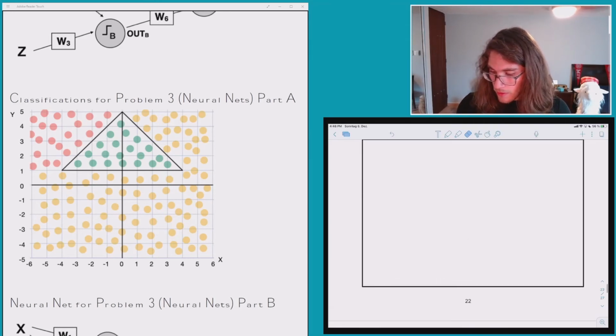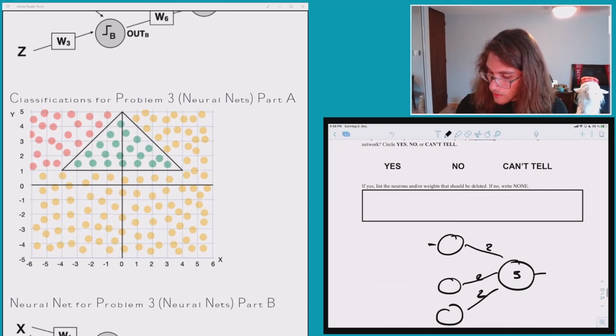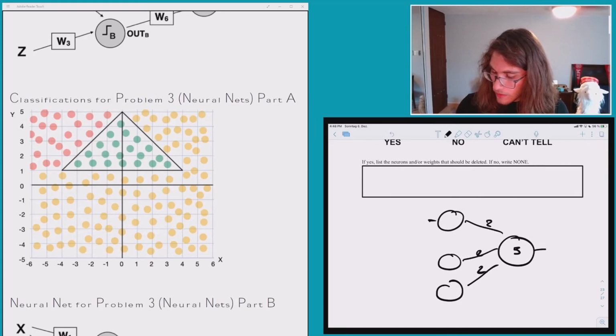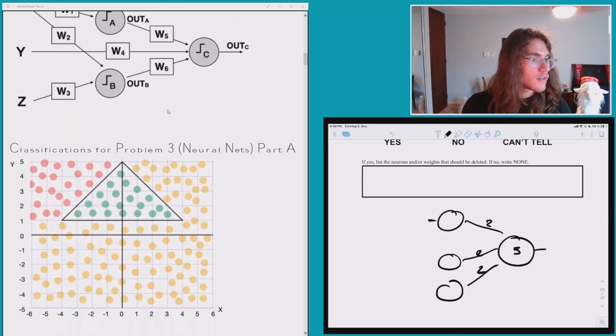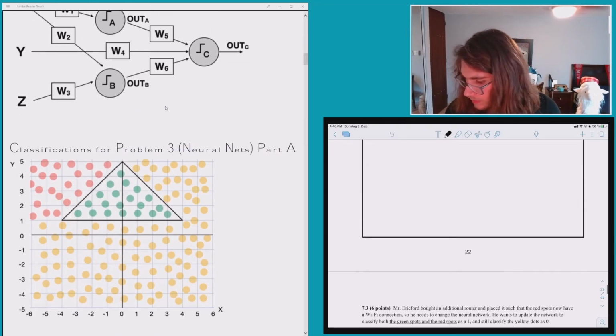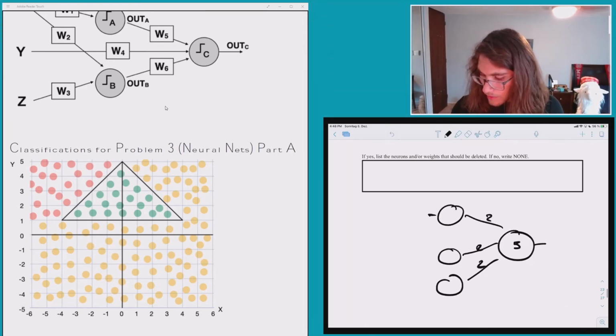But let's go back. See the threshold. I didn't mean to do that. The threshold is -5. And what that means is, I forget, the drawing is right here, I think. No. The drawing is here. Oh, so it's fully connected. I forgot.